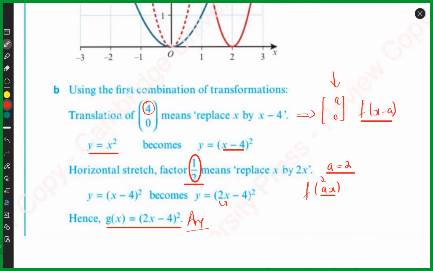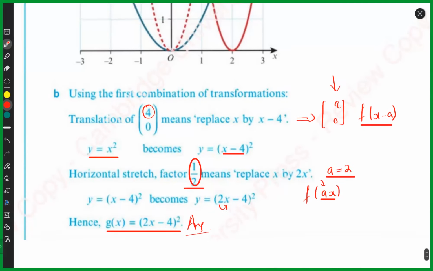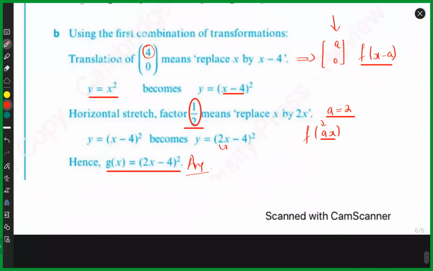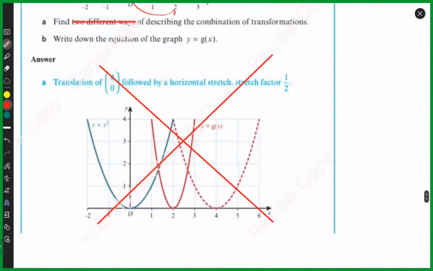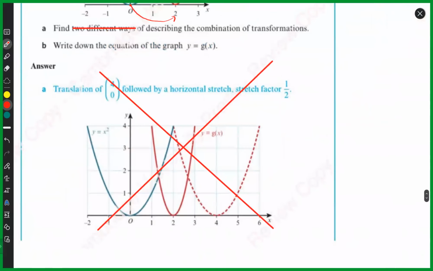Miss, the translation vector is 2 and 0, so why are we writing -4 instead of -2? No, wait 1 second. I'll tell you why. When I crossed out something, this was basically another way of writing the same thing. That is why they have just explained this to that.